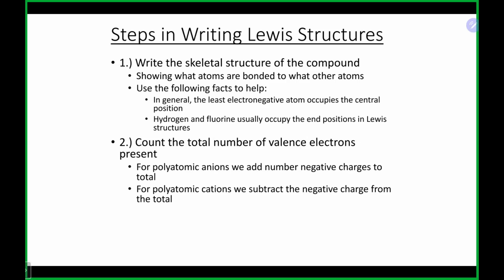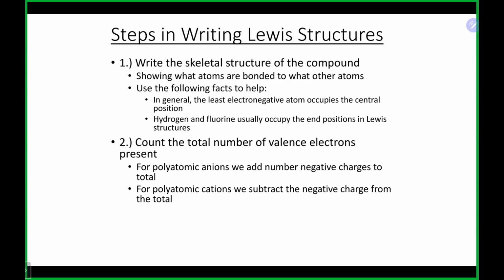That means hydrogen should never be in the middle, because hydrogen cannot have more than two electrons. And because fluorine is the most electronegative, you usually cannot put fluorine in the middle, and it should usually be on the outside.